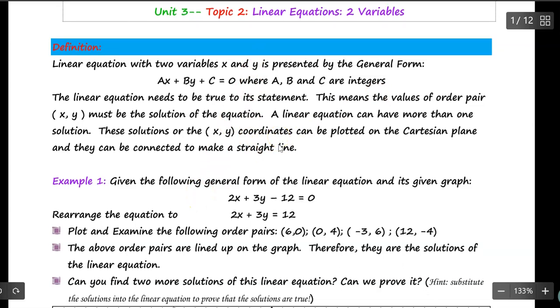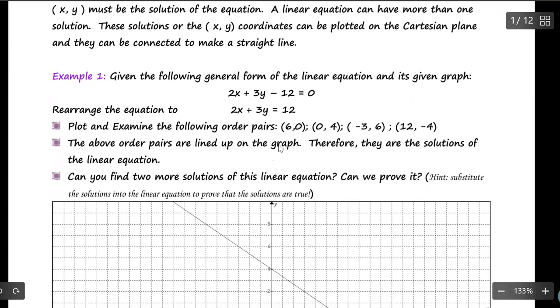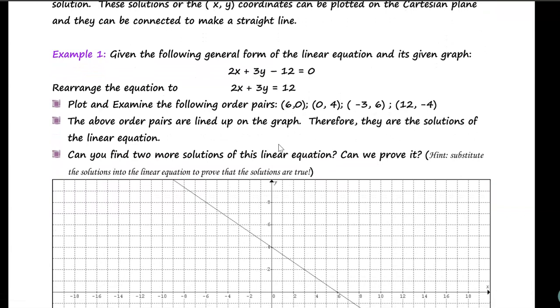Let's talk about a particular linear equation with the values that we are going to see. For example 1, given the following general form of the linear equation and its graph, 2x plus 3y minus 12 equal to 0. The first thing you want to do is rearrange the equation to 2x plus 3y equal to 12.